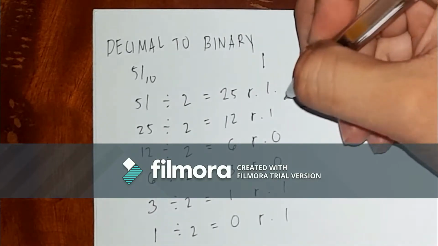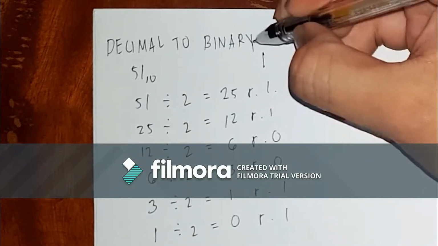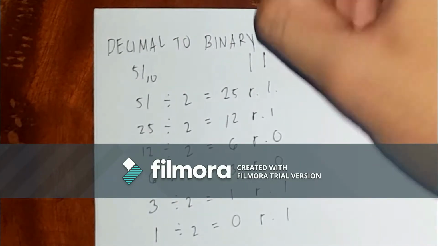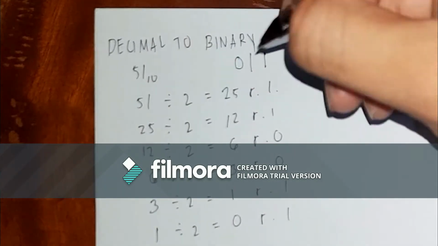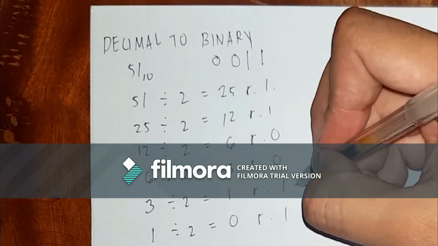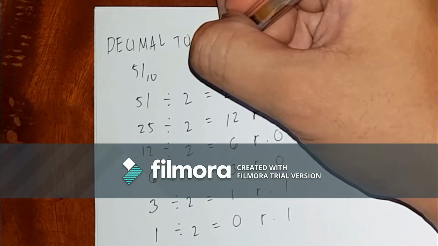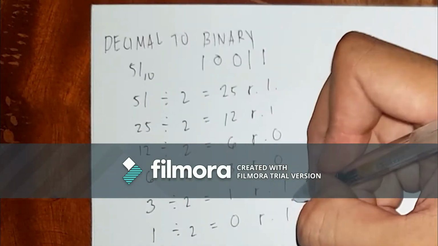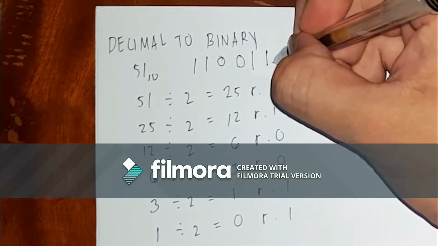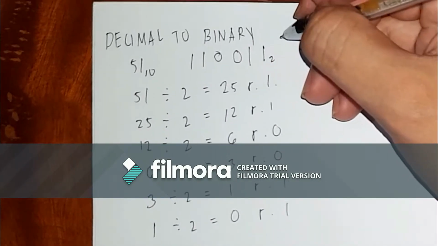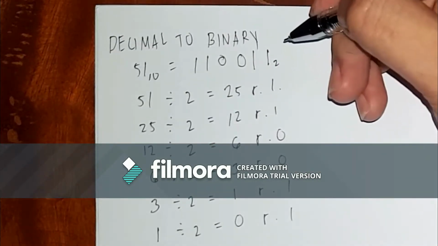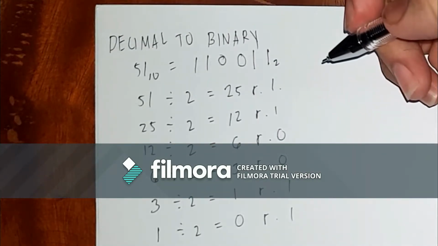Then the next remainder is also 1. The third remainder is 0. The fourth remainder is 0. The fifth remainder is 1. The last remainder is also 1. So decimal number 51 is equal to 110011.